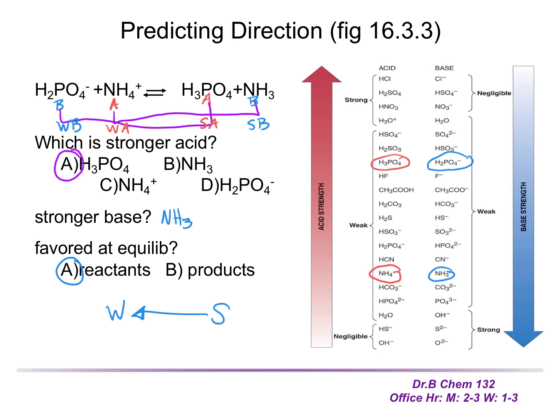So at equilibrium, my reactants are going to be favored. Again, I want to be really careful about the way I'm saying that I'm using stronger and weaker versus strong acid, weak acid, okay? Because I am just ranking their strength based on this table, not a strong acid only being those 7 that we have to memorize, okay?